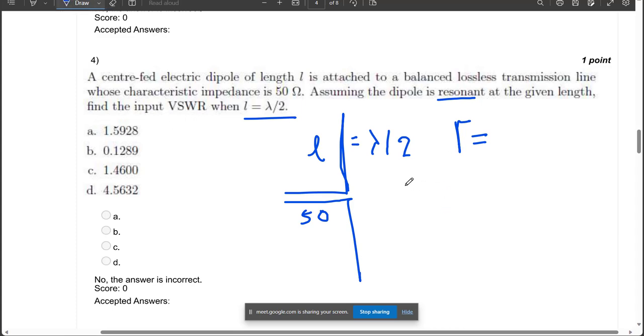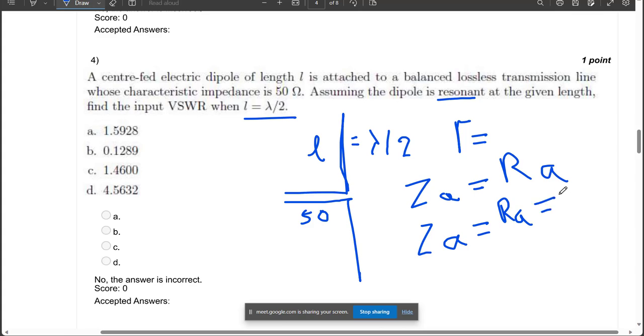It means that the impedance of the antenna will be only what? Only resistance. It won't have any reactive component to it. And for a half wave dipole, we already know that Z of A is equal to R A, which is how much? 73 ohms. Okay. So now you have to find out the reflection coefficient.